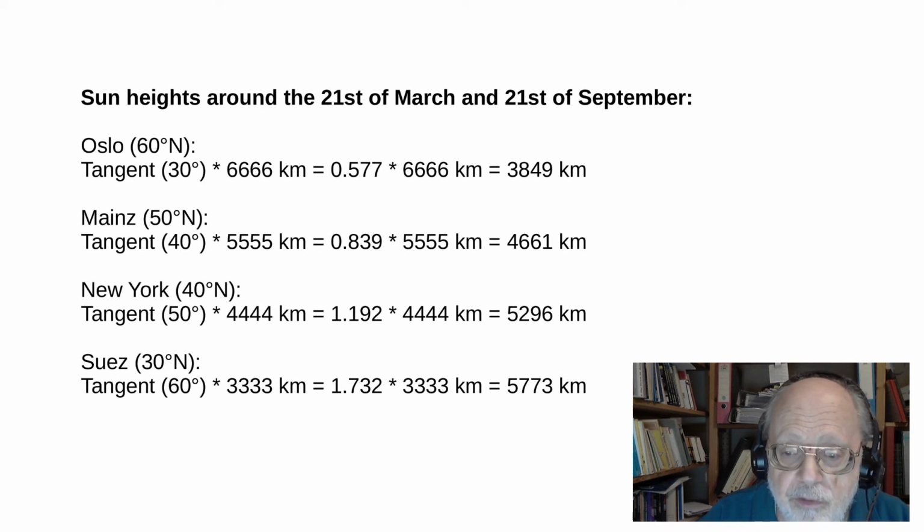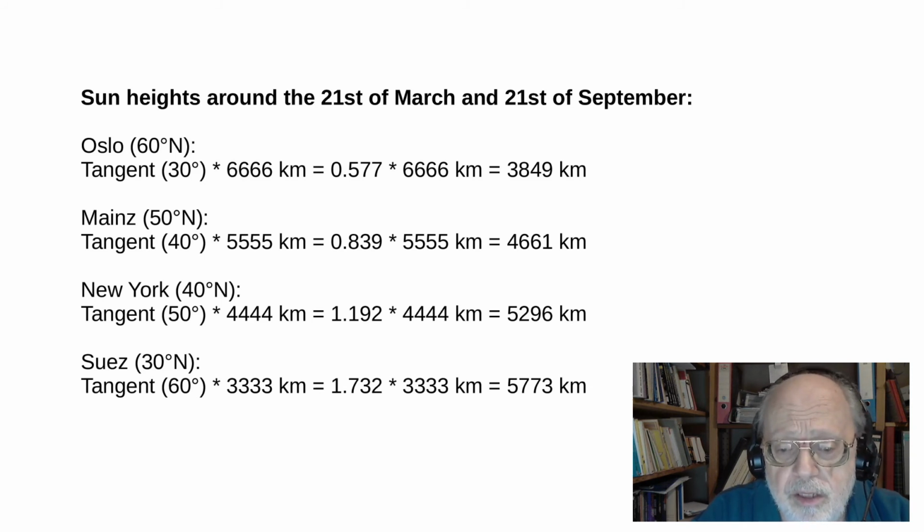The tangent of 30 degrees is 0.577. The distance from Oslo to the equator is 6,666 kilometers, and the height of the sun is 3,849 kilometers. In Mainz, as we have seen before, the height of the sun is 4,661 kilometers.